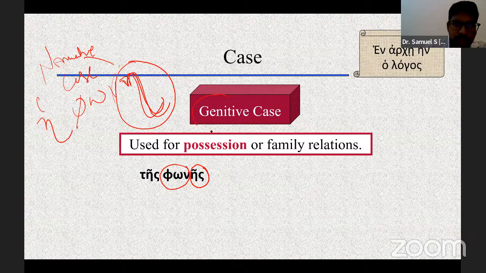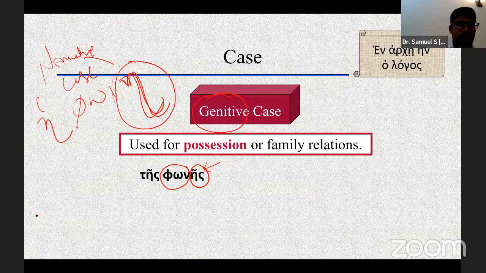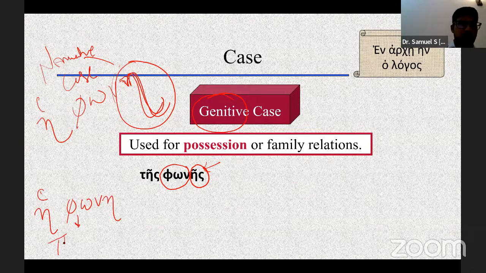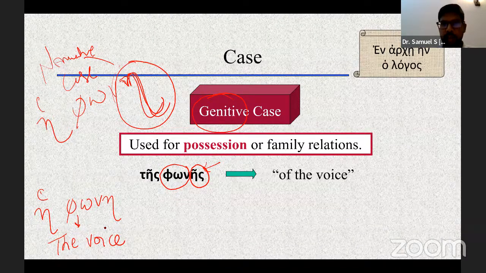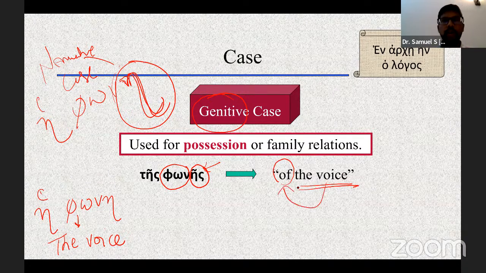In the genitive case, the ending is ace. So remember, he phone means the voice as the subject. Now, what would phones communicate? Phones is of the voice, possession of the voice, belonging to the voice.